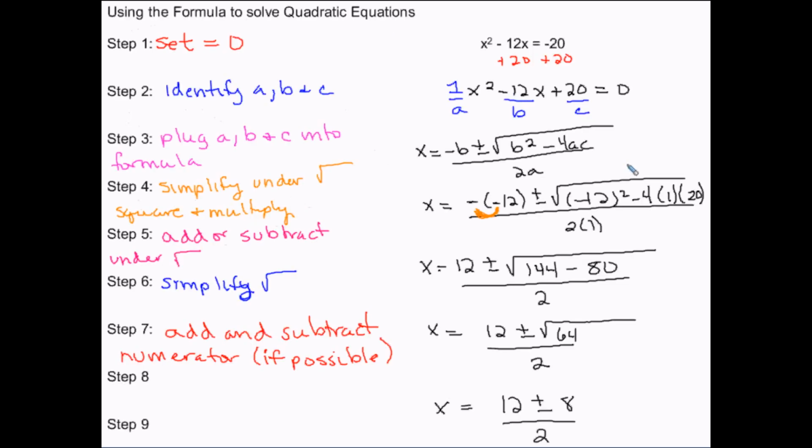So in this case, I'm going to do 12 plus 8 and 12 minus 8. So I get 20 and I get 4. And once I've done that, I want to simplify.